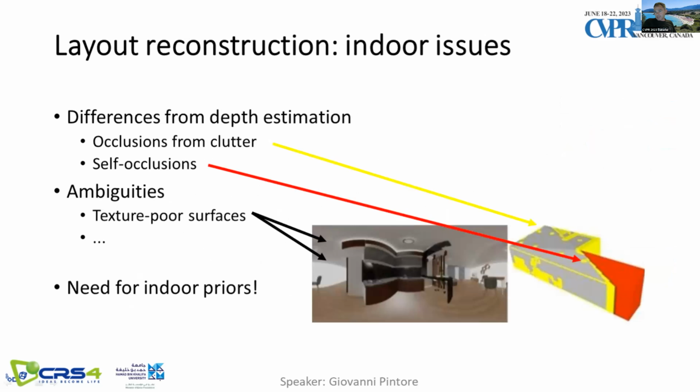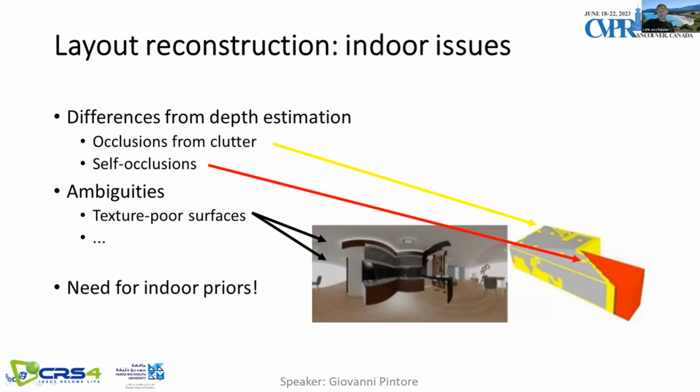Compared to pixel-wise depth estimation, the recovery of the 3D layout presents different challenges. The first problem is occlusions. We can have two kinds of them: occlusion from the clutter, that is the furniture, the objects, and all the movable objects masking the underlying structure, and even self-occlusion. Here marked in red, the structure itself occludes some parts from the single point of view.